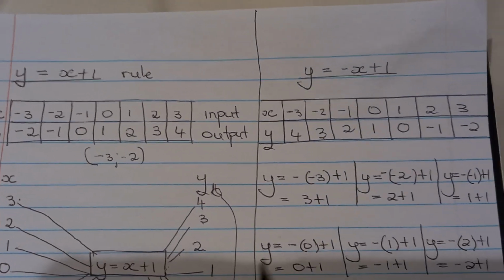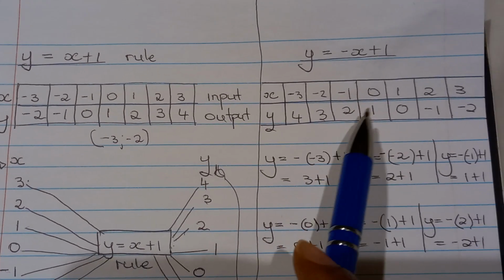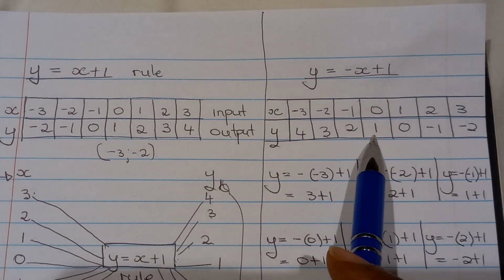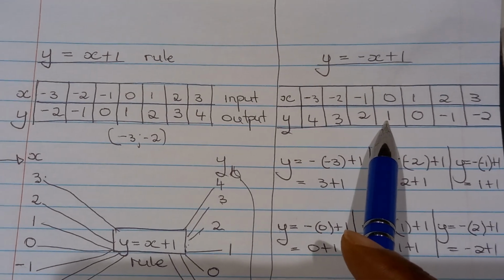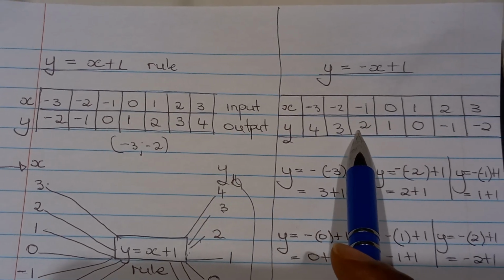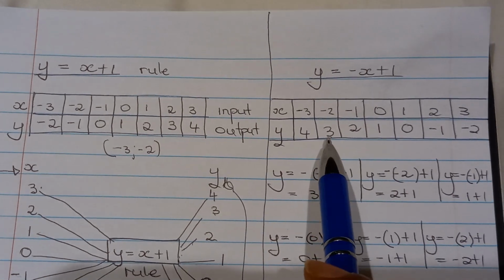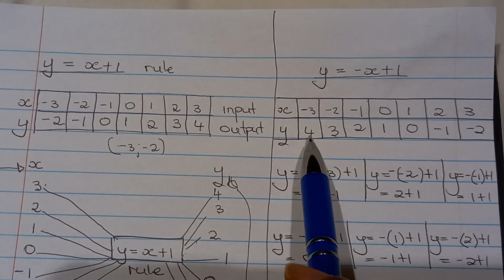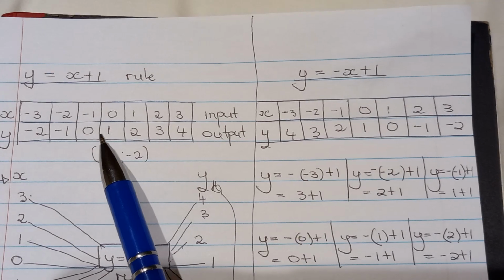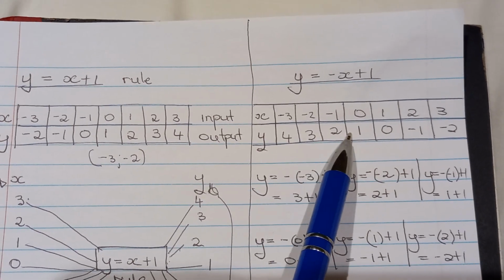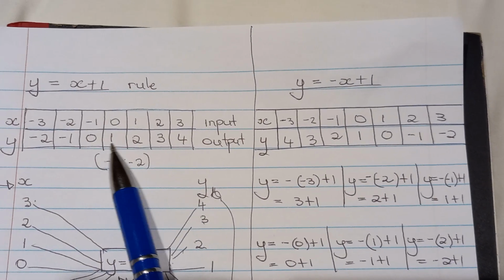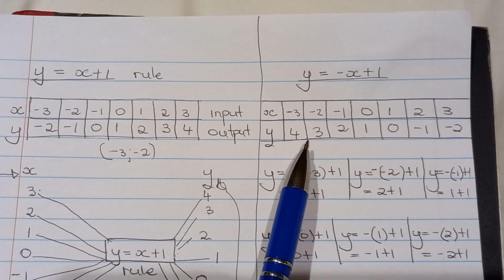And then if you look at our coordinates, they are not the same. Here where x is 0, y is 1, which is the same as over there. But where x is -1, y is 2. Where x is -2, y is 3. Where x is -3, y is 4. Whereas on the other one it is not the same. If you notice these numbers, 4, 3, 2, 1, 0 are the same numbers here, 4, 3, 2, 1, 0, but reversed in terms of them being on the left and on the right side.